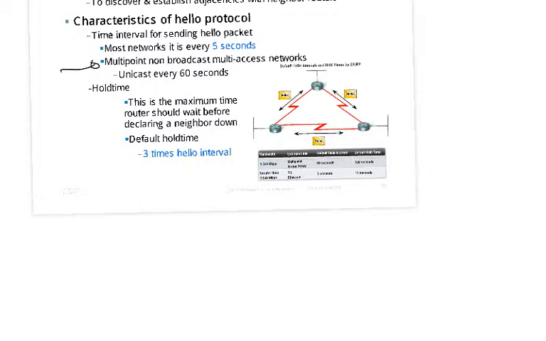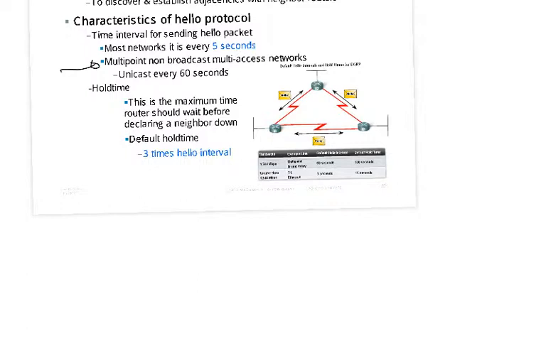What we mean by this is, if you have a link like a serial link, we call it non-broadcast, which means it's not a broadcast domain. It's actually point-to-point, a connection between two routers.